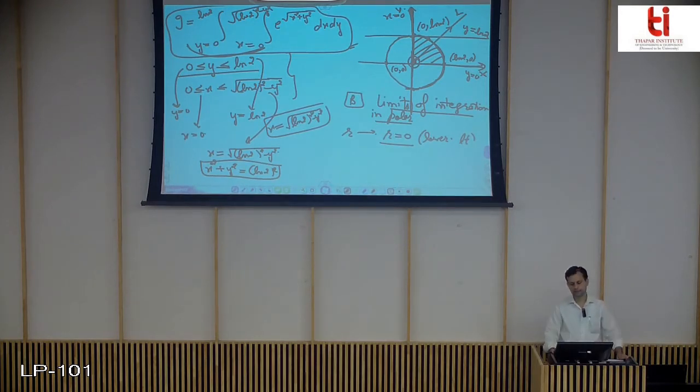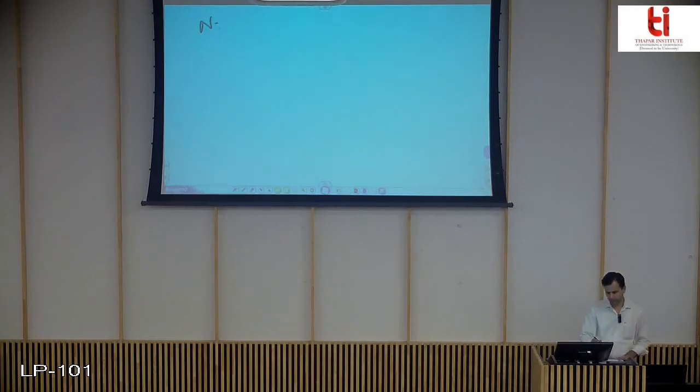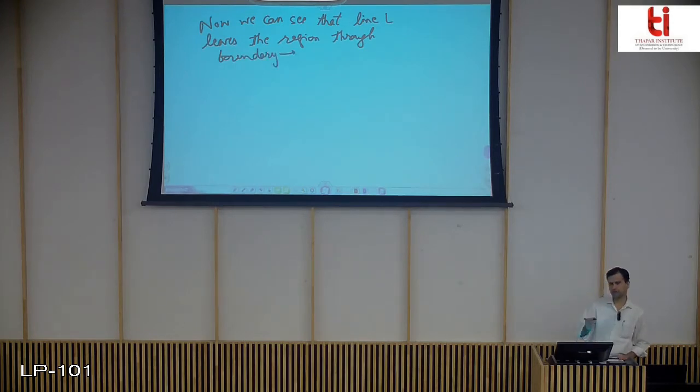Now you can see the boundary of the region from where the line is leaving. Now we can see that line L leaves the region through the boundary x equals square root of (ln2)² minus y².